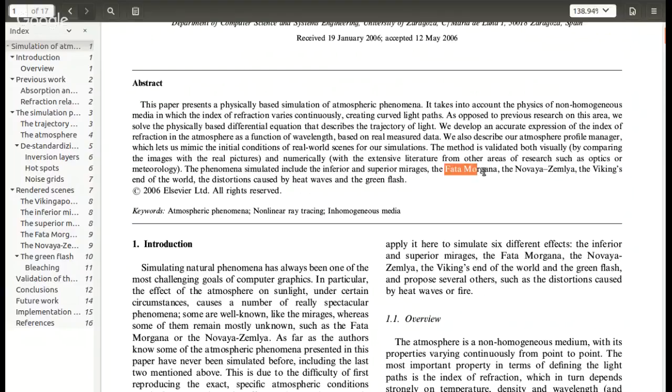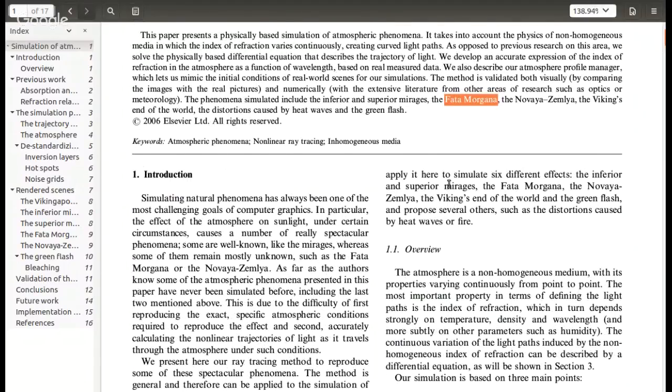Fata morgana is not a mirage, actually, because it is orientated correctly, but it's wiggling around. There's also another one, this Vikings' end of the world, which is pretty interesting too. It's basically an extreme towering effect, but they don't really call it that here.